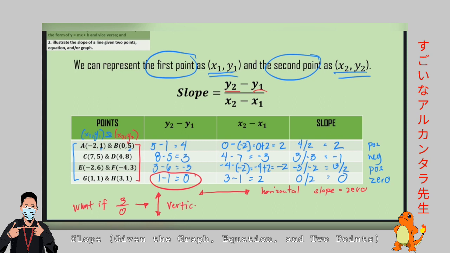So if we have a line that is vertical, that actually has a slope that is undefined. Why is it undefined? Because again, it is impossible to have a denominator equal to 0. So the 0 denominator makes it undefined. So if the numerator is 0, it's okay, but if the denominator is 0, it's not okay, it's undefined. So that's how it works.